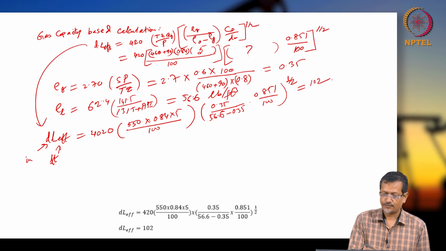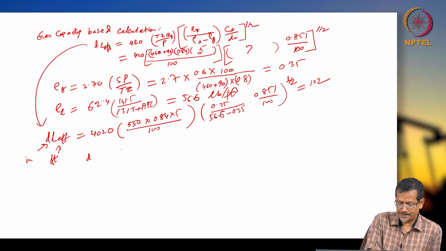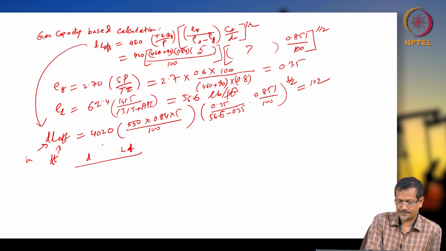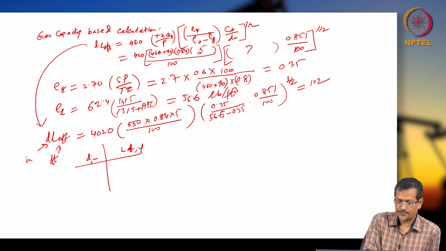From this 102, you have to make one table of D and effective length, with D in inches and effective length in feet.